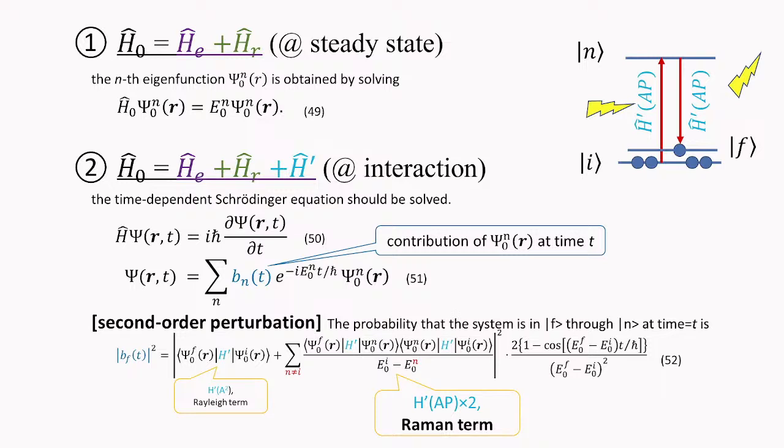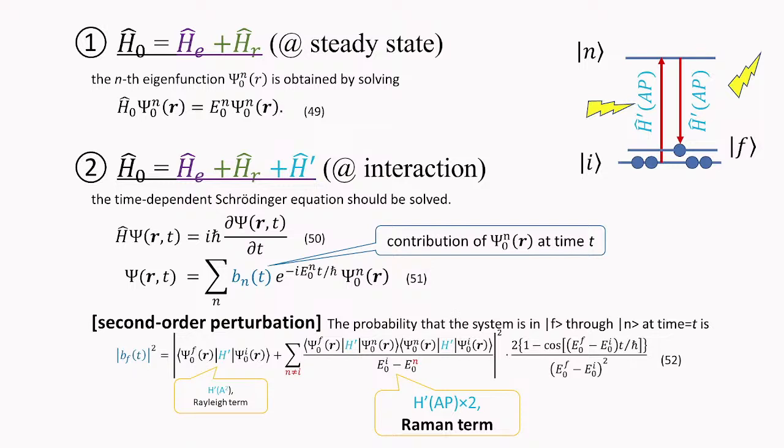So what we need to do is to solve the second order perturbation. The starting point is the Hamiltonian without interaction, in other words, the steady state. Nothing happens with time. It's stable. So the Hamiltonian consists of a radiation part and a molecule part.